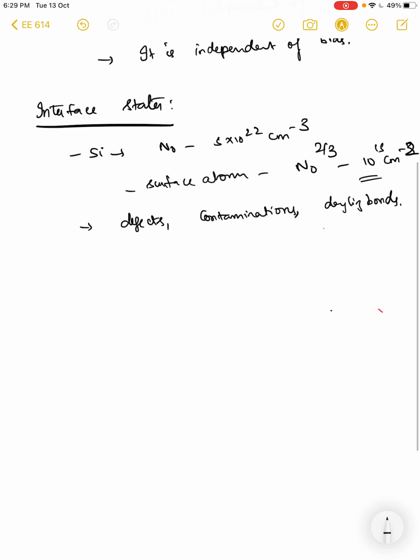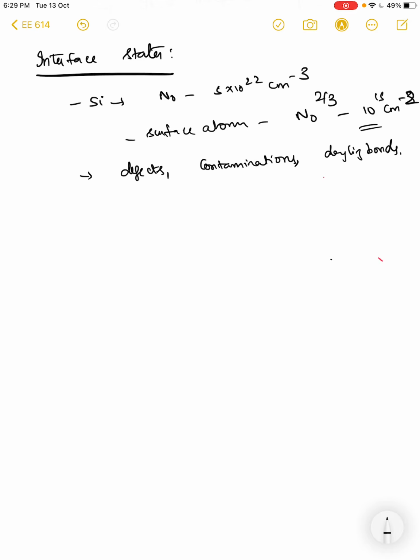Let us take for instance a silicon substrate, which is intrinsic. So basically it has some Fermi level here, and it presents some defect or interface states at the surface. I'm drawing it such that this is the surface.